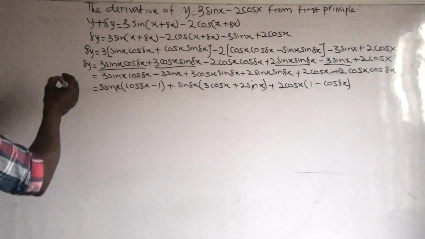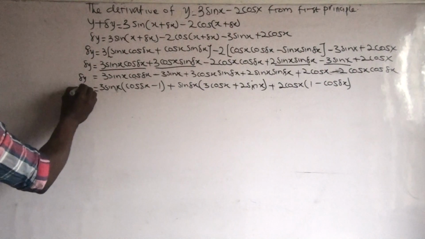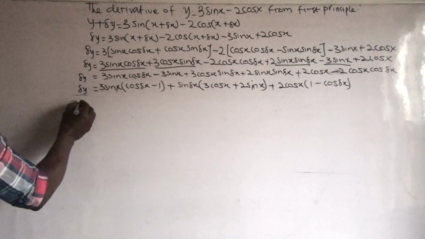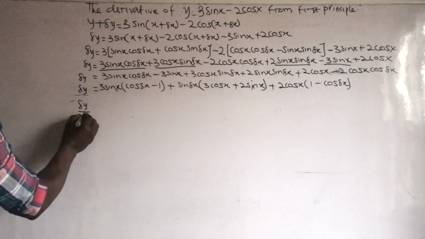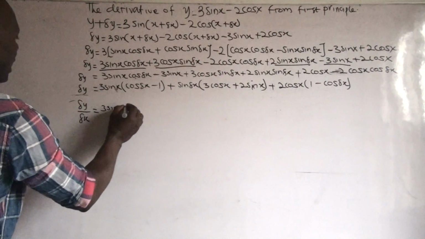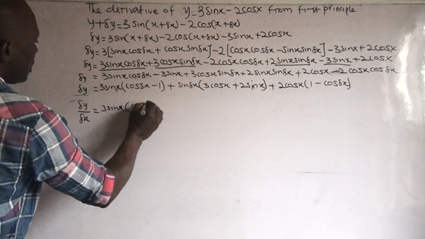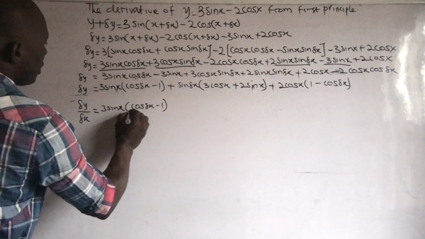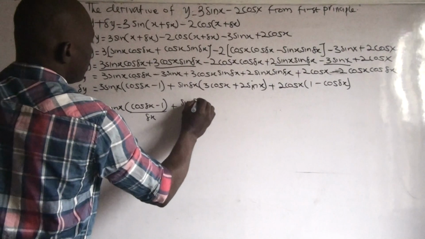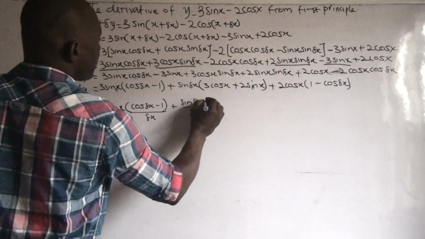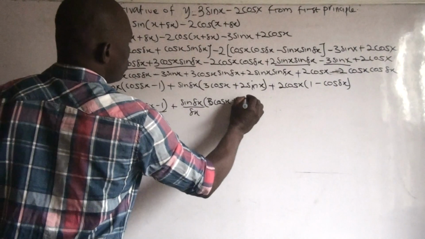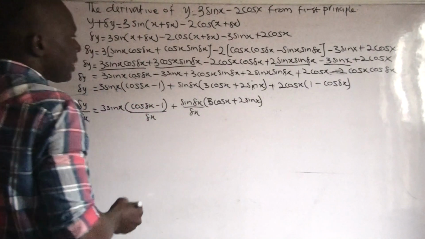Because our expression is delta y, we divide through by delta x. So delta y over delta x equals 3 sin x (cos delta x minus 1) divided by delta x, plus sin delta x divided by delta x, bracket 3 cos x plus 2 sin x, close our bracket.